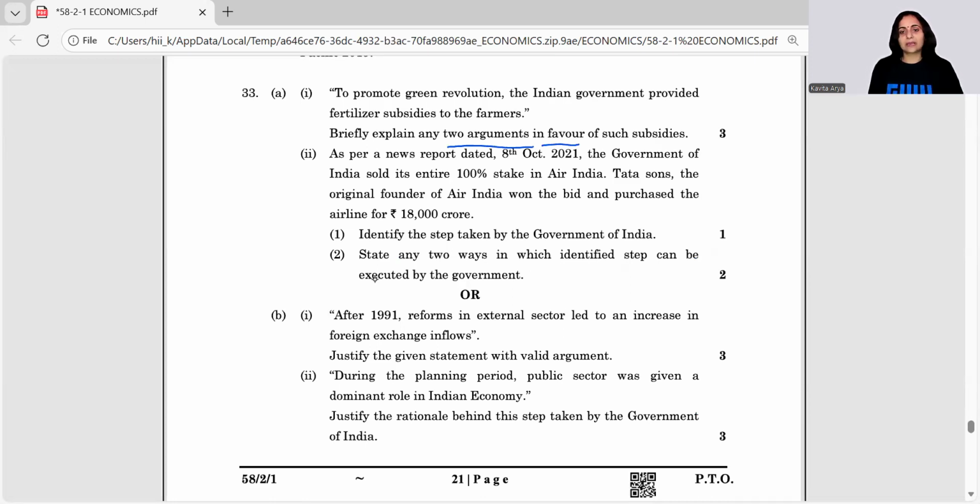And then subsidies are required because much inequality persists in the economy. The farmers are very poor, and agriculture is the major source of livelihood for them. So for welfare purposes also, we need to have subsidies for farming, right?